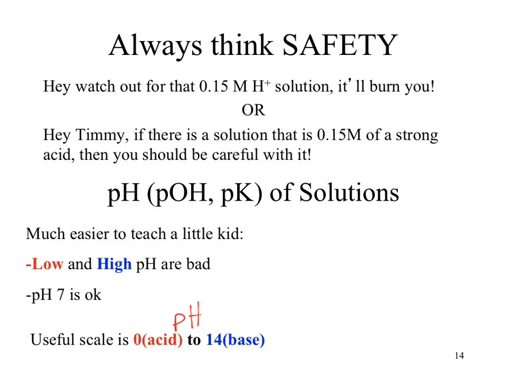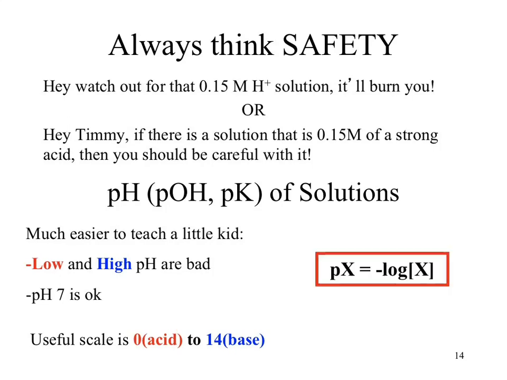So now the question is, how do we solve for these? Do the negative log. I changed the formatting on this a little bit. I wrote pX. Why not pH? Because pH would only apply to pH.